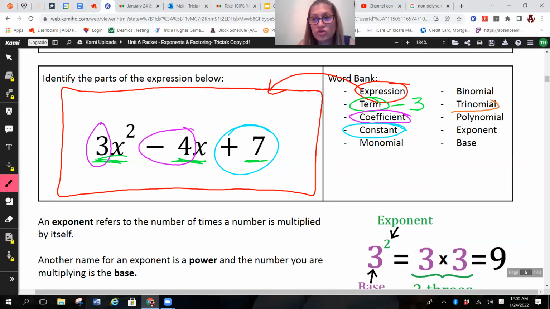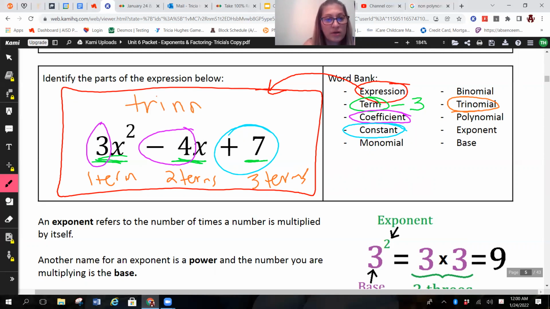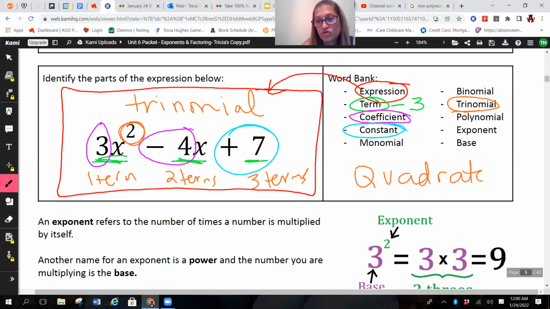So this is a trinomial because we have 1 term, 2 terms, and 3 terms. So this is a trinomial, and the highest exponent is 2, which means it's a quadratic trinomial. Quadratic.